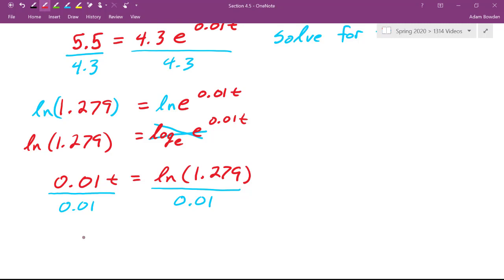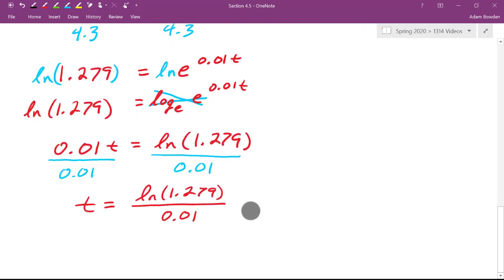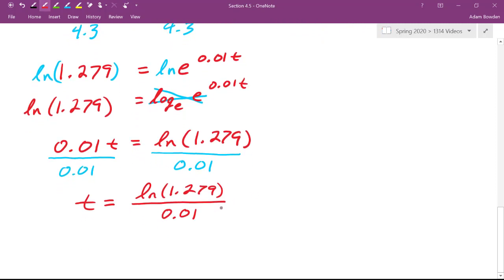So t is going to be ln 1.279 divided by 0.01. So this is something we'll need to use the calculator for. If I put that in the calculator, I got approximately 24.6.